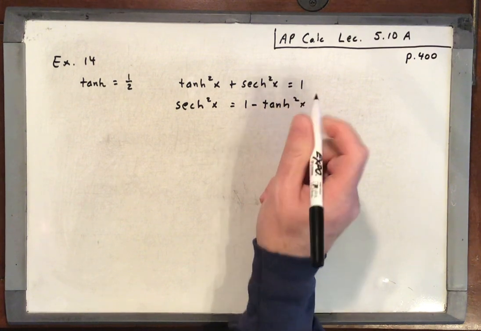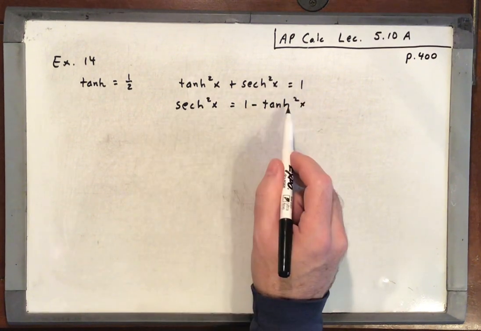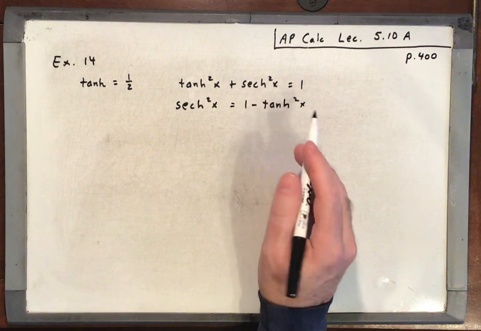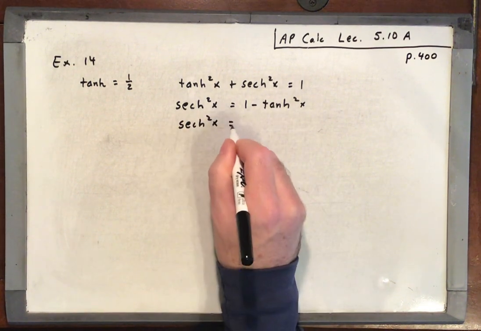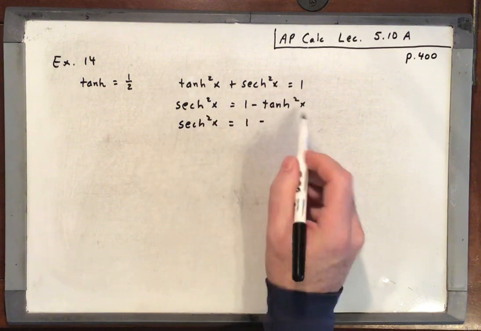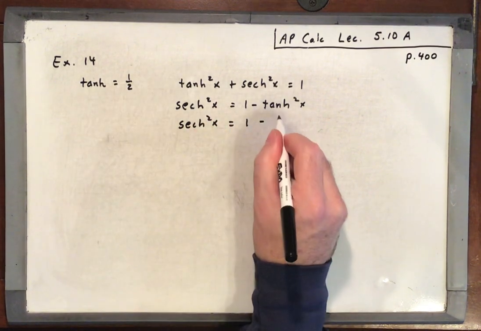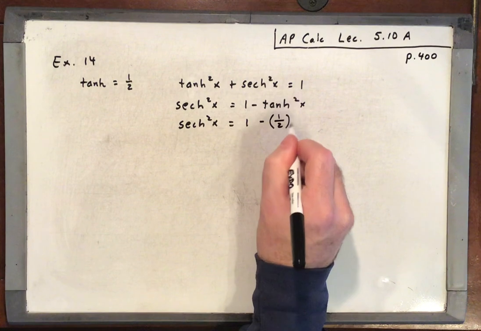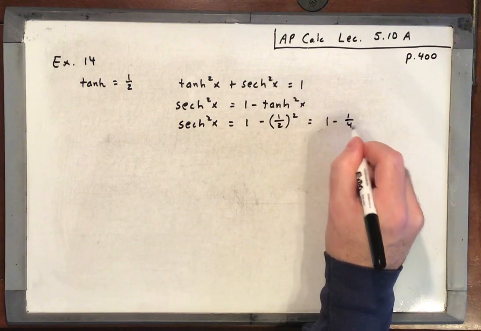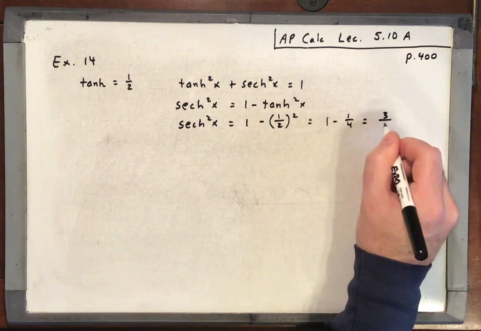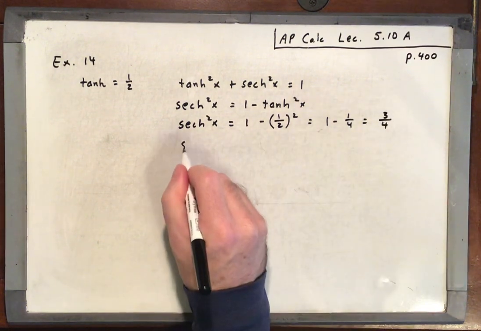You might remember these similar trigonometric identities from pre-cal. So hyperbolic secant squared is equal to 1 minus, and we know hyperbolic tangent is 1/2. So 1 minus 1/2, we've got to square that. That's going to be 1 minus 1/4, which is 3/4. So that's hyperbolic secant squared.